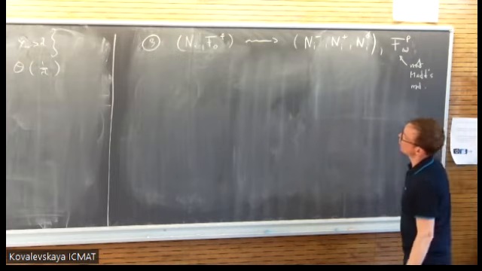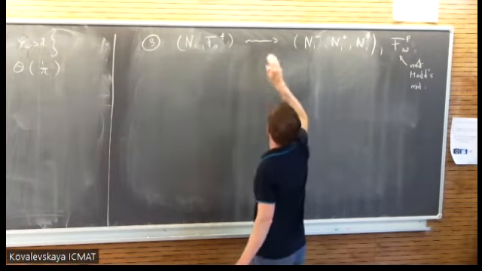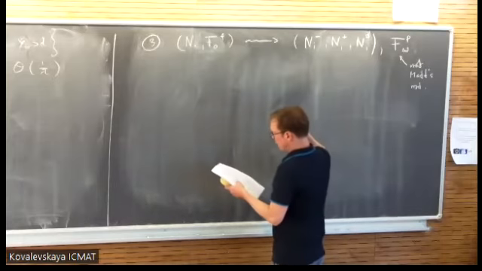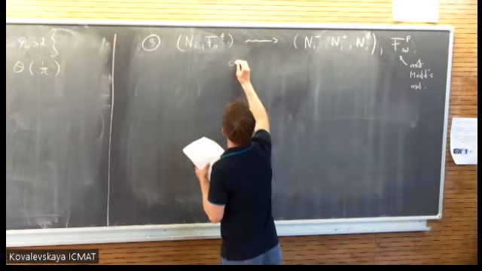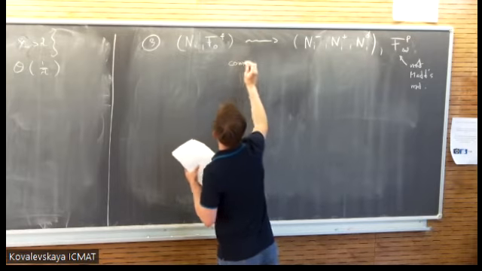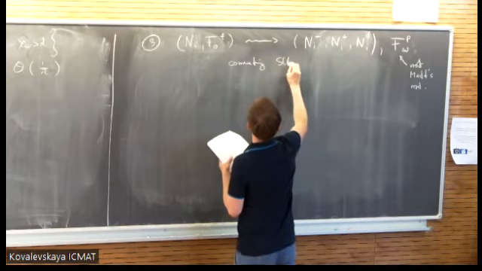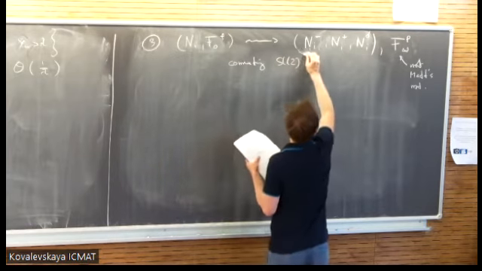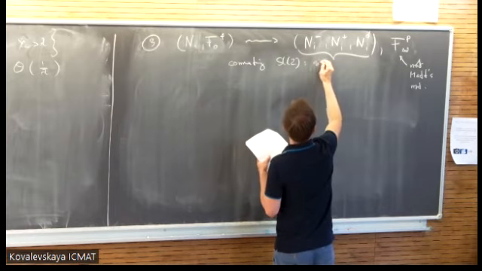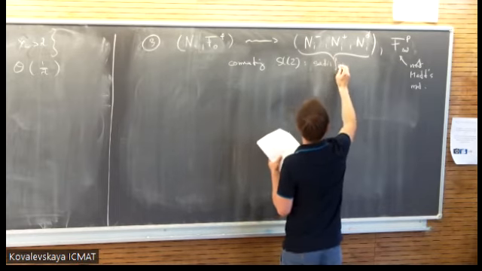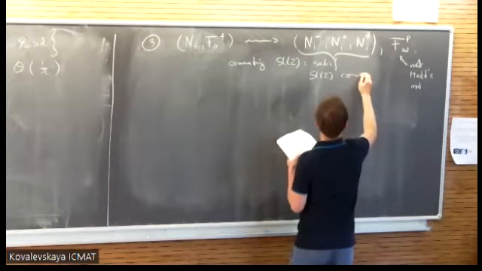There is a procedure where you can make out of these N's commuting SL2s, and these are satisfying SL2 commutation relations.